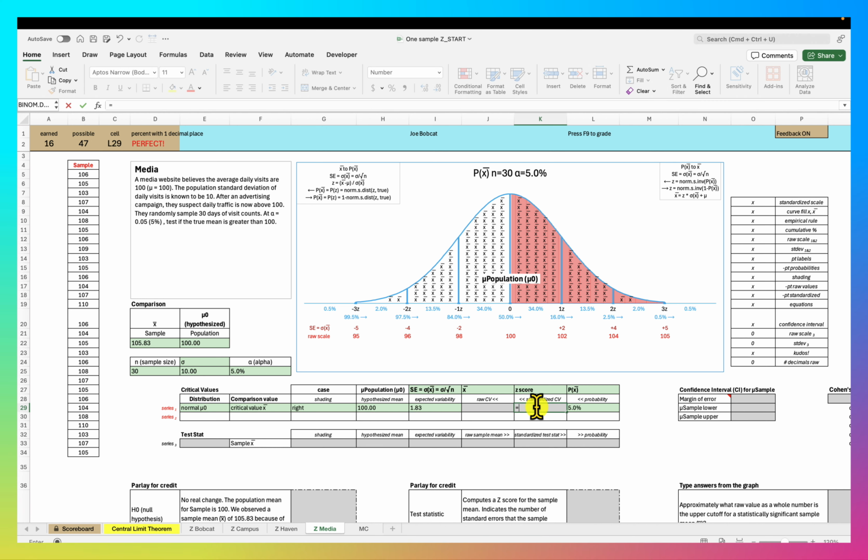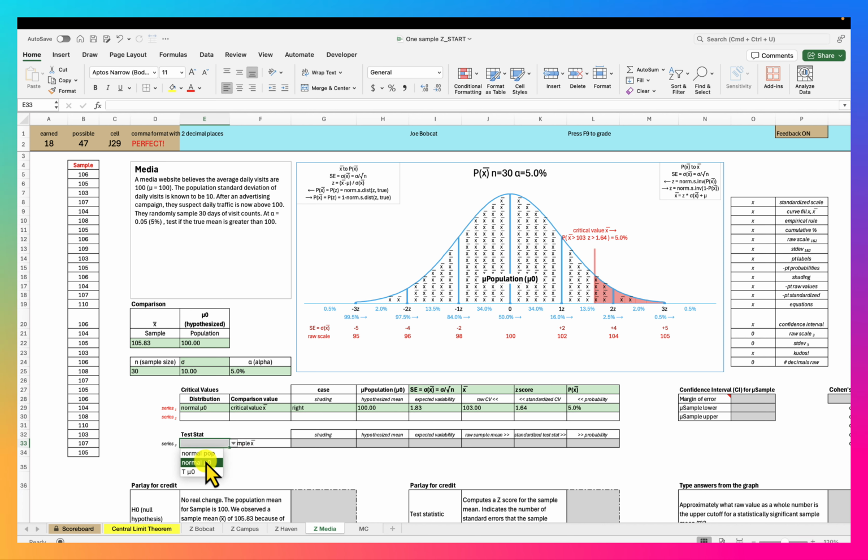And then, since this is all to the right, we do norm.s.inv of 1 minus the probability of x. And then our x bar is going to be the z-score times the standard error plus the population mean. So our critical value cutoff is 103.